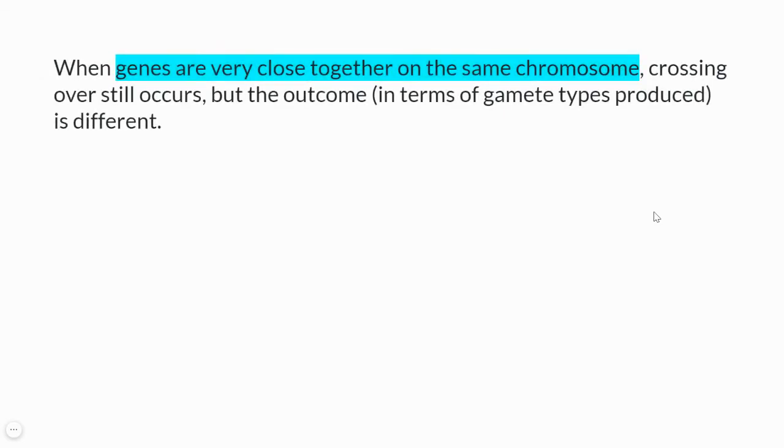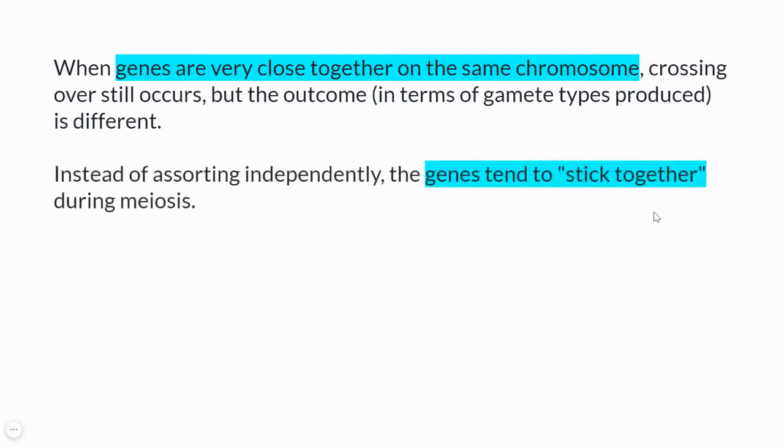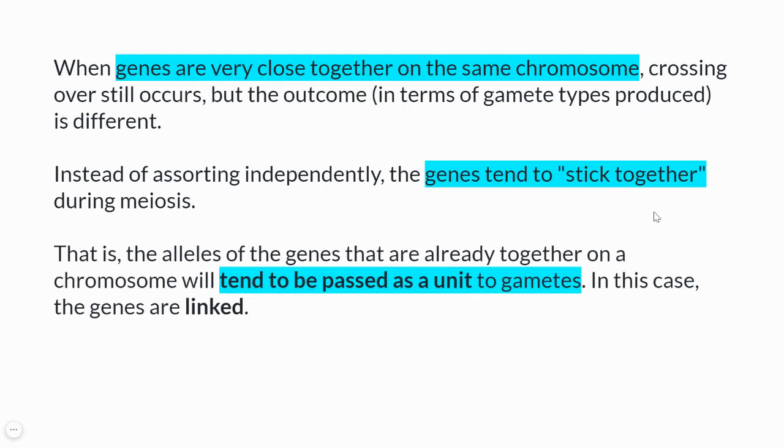So when genes are far apart from each other, that's what happens. Now let's see, if genes are very close together on the same chromosome, crossing over will still occur, but the outcome in terms of gamete production will be different. Instead of assorting differently, the genes will tend to stick together and they will be passed together as units.